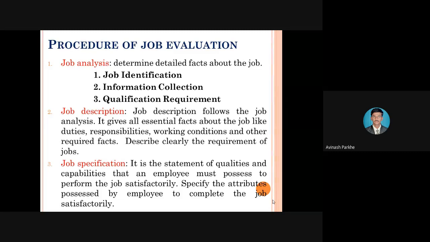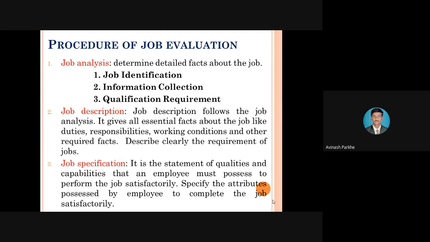But sometimes, due to a faulty manufacturing process or unskilled operators working on that job, faulty products will be manufactured. Due to those faulty products, the job is not working in proper working condition. That means it is not satisfactory. So for that purpose, the job specification step plays a very, very important role.